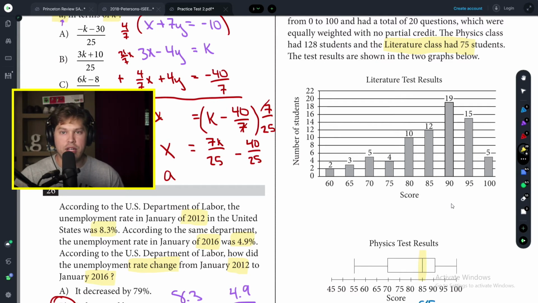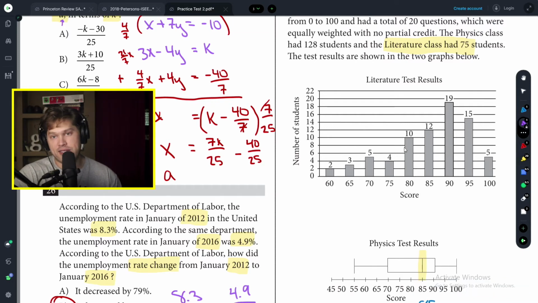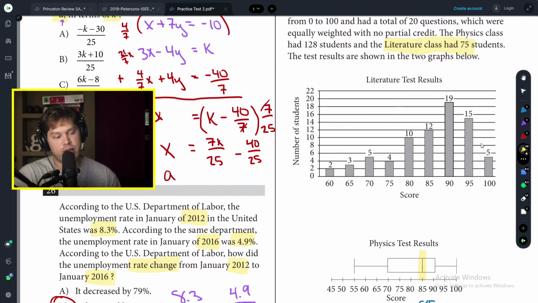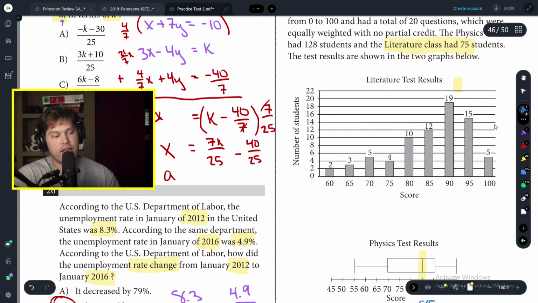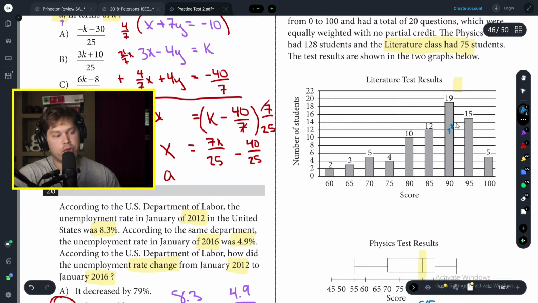So we're going to count downward to 37.5 and see what that test score is. 5 plus 15 is 20. 20 plus 19 is 39. And of course, 39 is greater than 37.5, so our middle number falls within this range. So our median for the lit test results is 90.